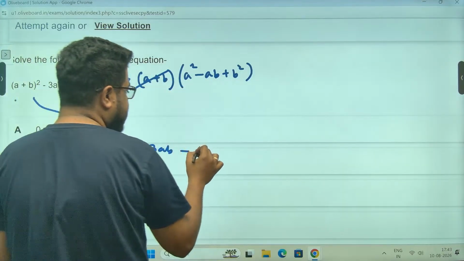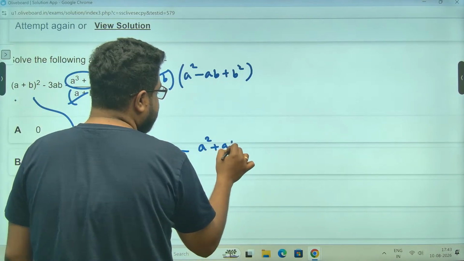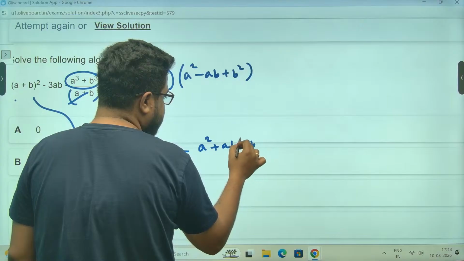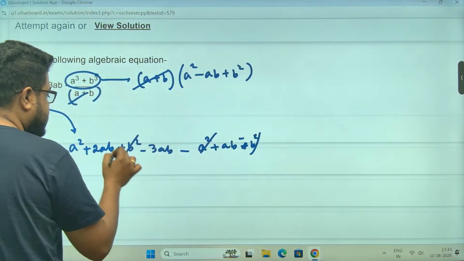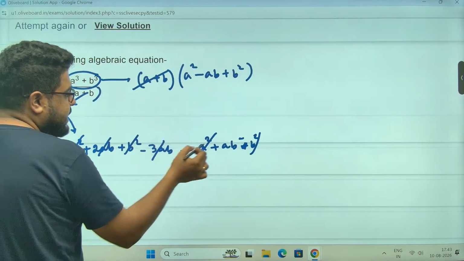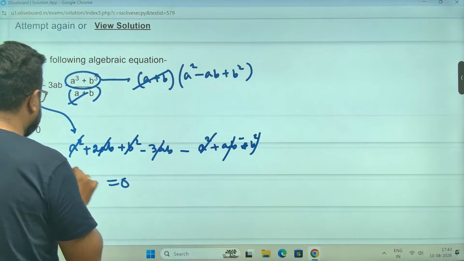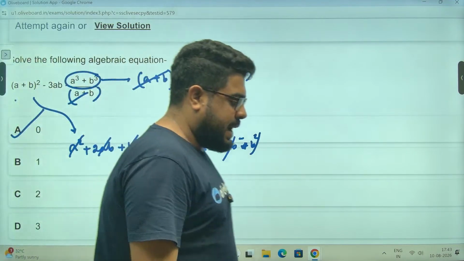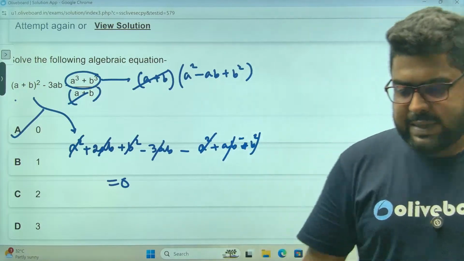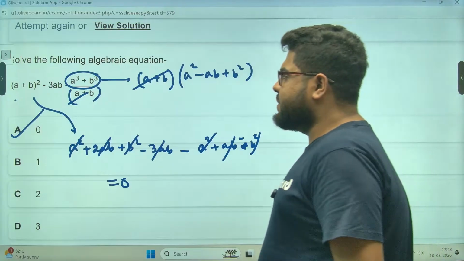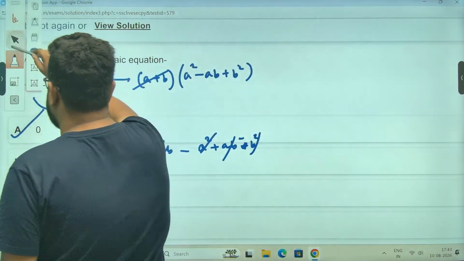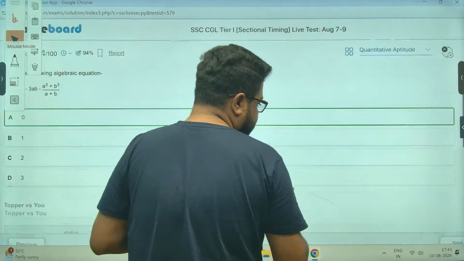So this will be minus of a square minus ab plus b square. a square, b square, a square, b square cancel. Minus ab plus ab gone. So my answer is 0, which is option number A. Again, a very simple question. Next one, please.